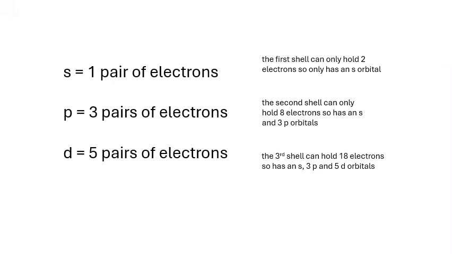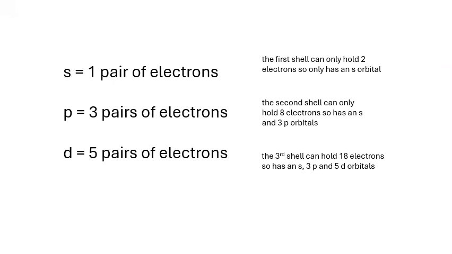Then you've got your P, which is 3 pairs of electrons. So the second shell, n equals 2, has got an S and a P subshell. So that's 2 plus 6, so that's 8 electrons. And then the D subshell is 5 pairs of electrons. So the third shell can hold 18 electrons, yeah, because it's got an S and it's got 3 p and 5 d orbitals.